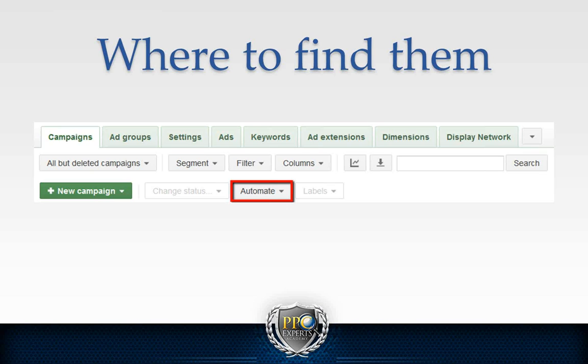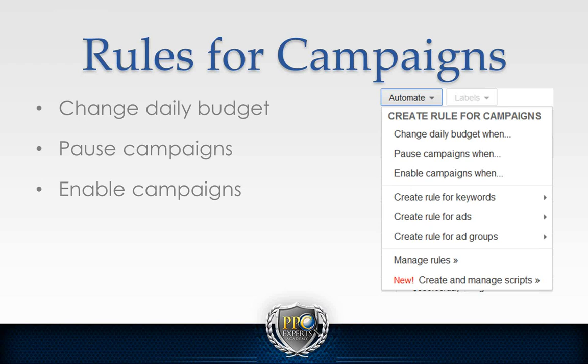So where to find automated rules? Most of the tabs, including campaigns, ad groups, ads, and keywords, all have this little automate button. And that's where you find that. So let's take a look at the rules for campaigns.